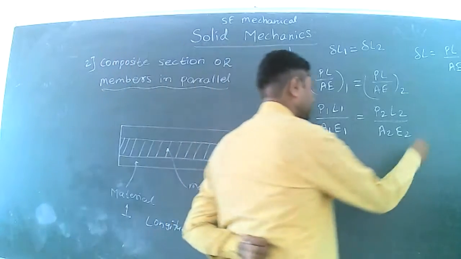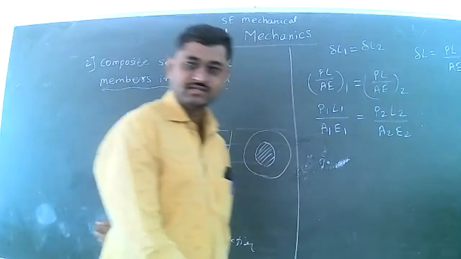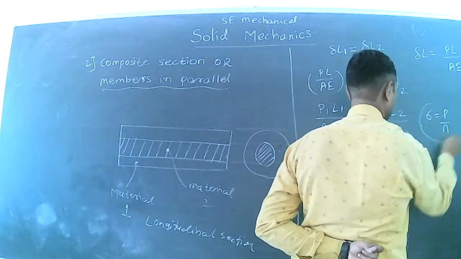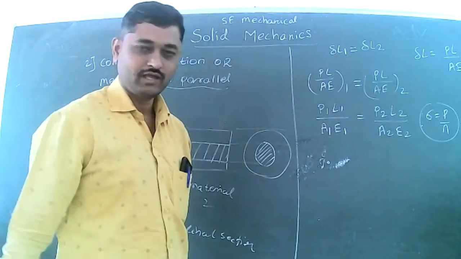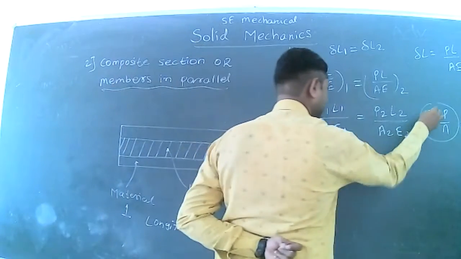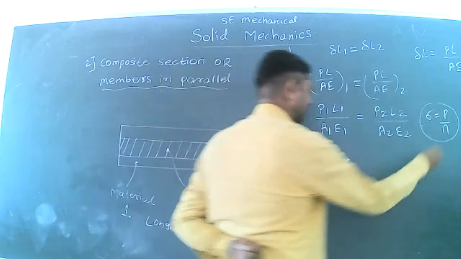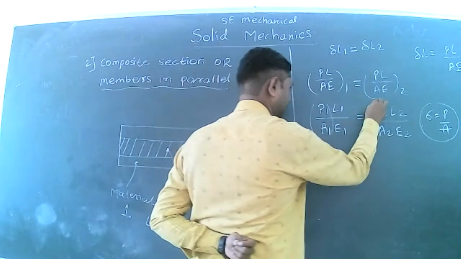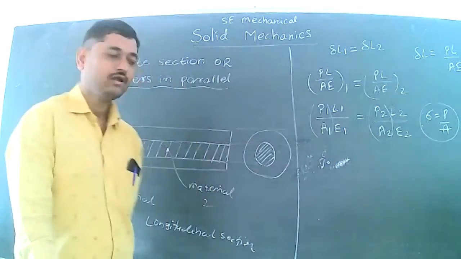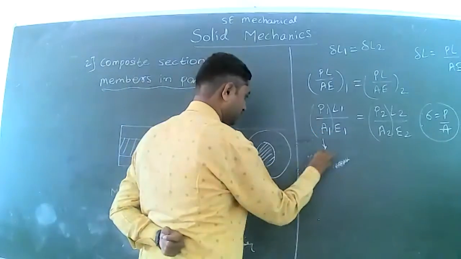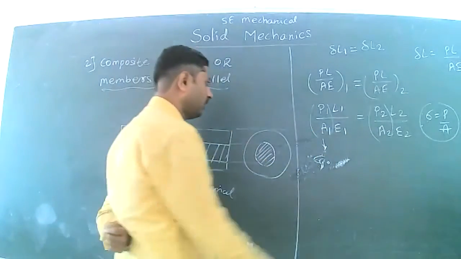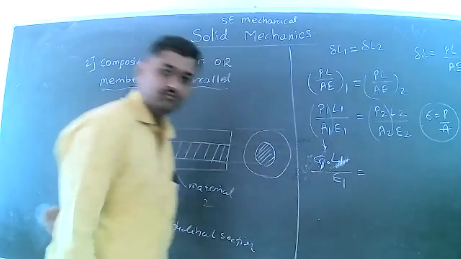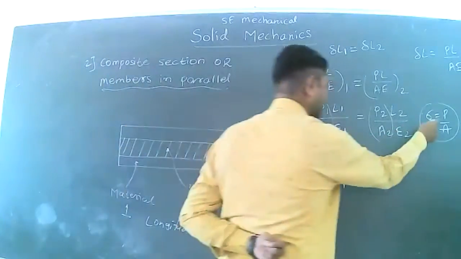But here, sigma is nothing but the load applied upon the cross-sectional area. Sigma is P by A. So we apply sigma as P by A. P1 by A1 is sigma 1, so sigma 1 L1 upon E1, and P2 by A2 is sigma 2, so sigma 2 L2 upon E2.